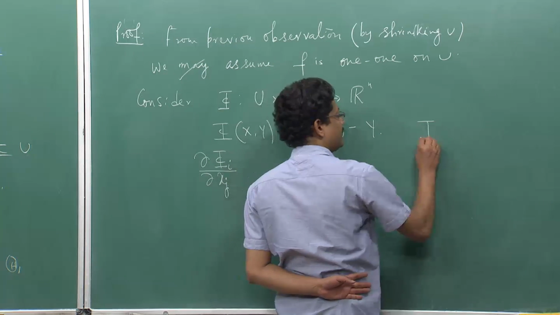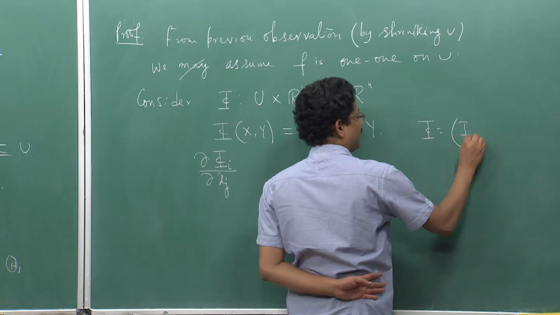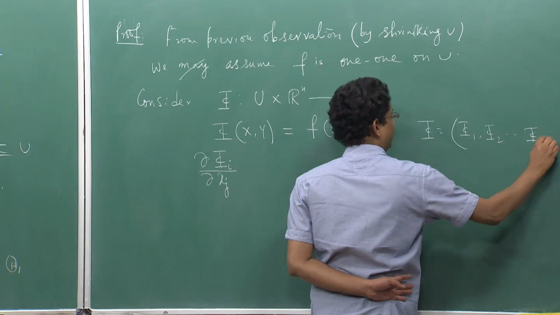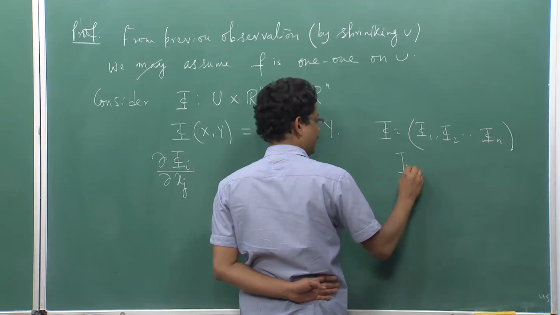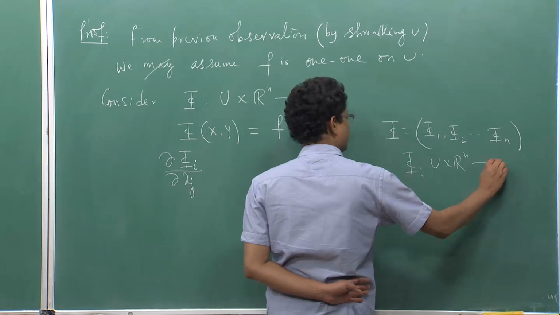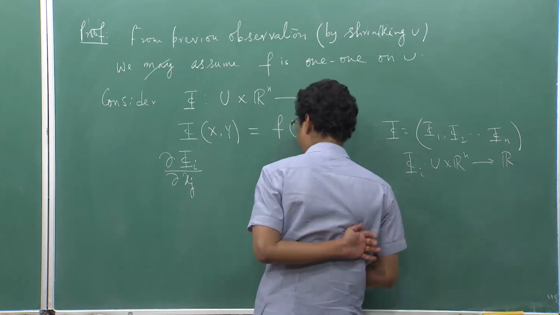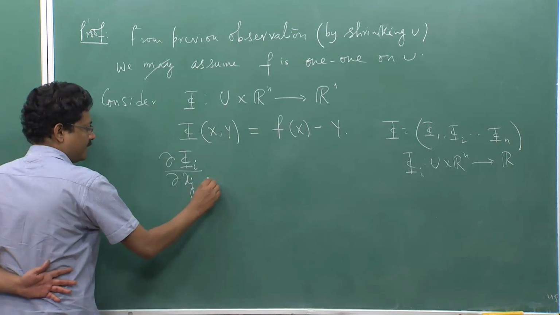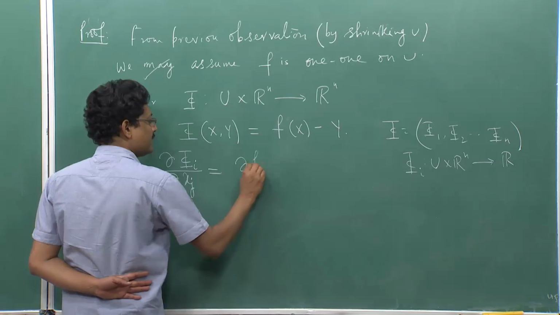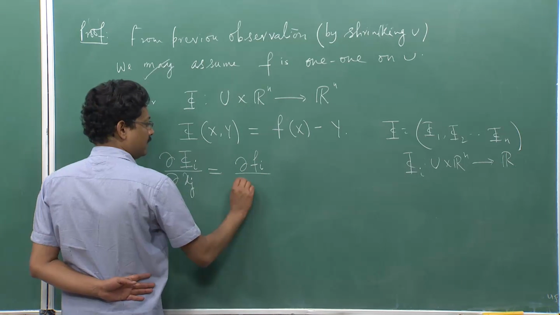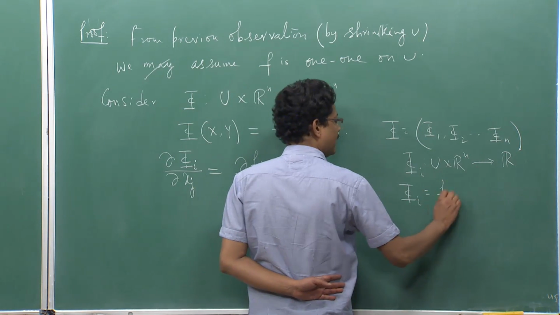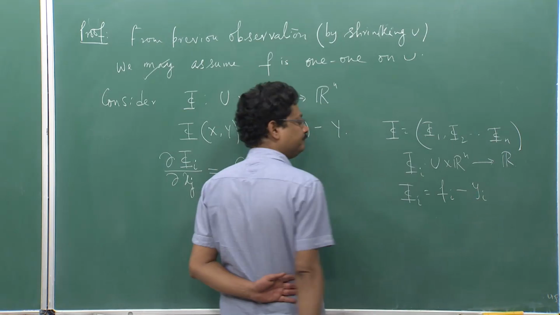I can write phi 1, phi 2, up to phi n, each phi i from U cross R^n to R. When I have the x variable, phi is f of x minus y, so phi i will be f i minus y i.